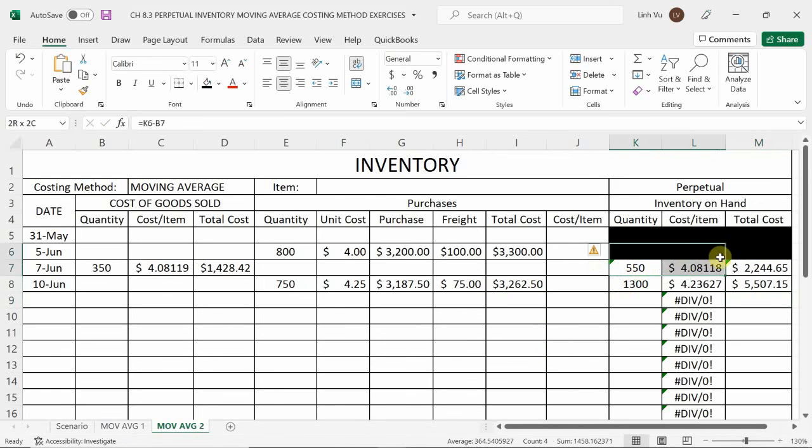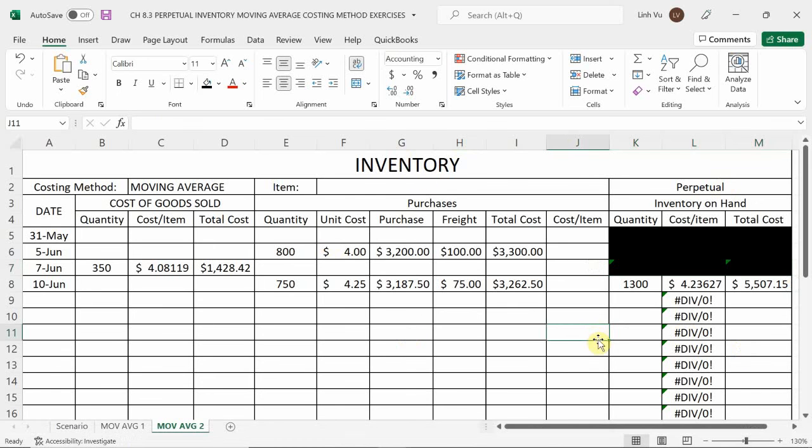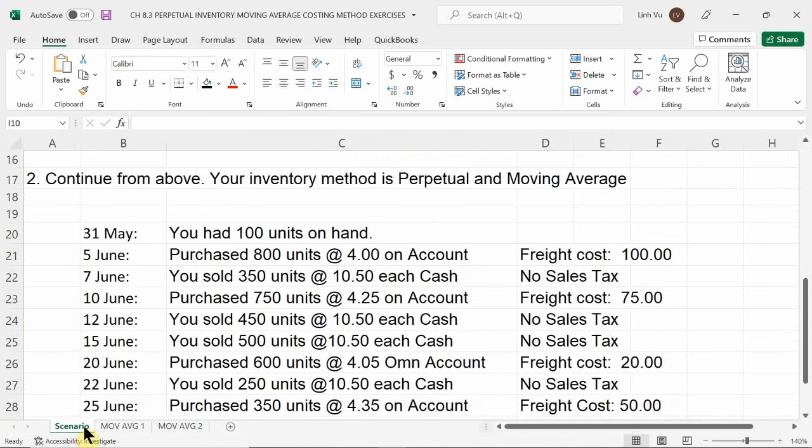Excellent. So in this case, I have 1,300 units at 5,507.15, which will give me a new average cost of 4.23627. Okay. All right, so let's see what happened next.